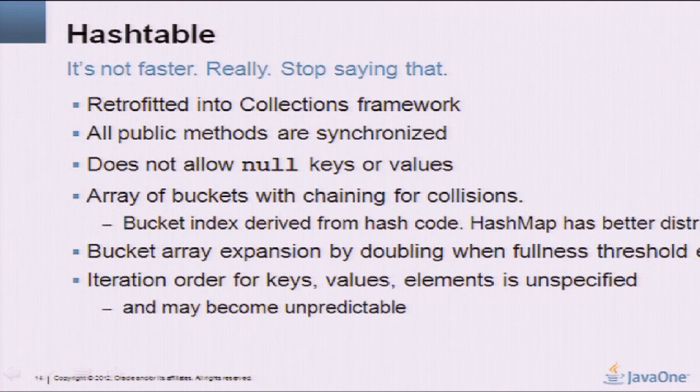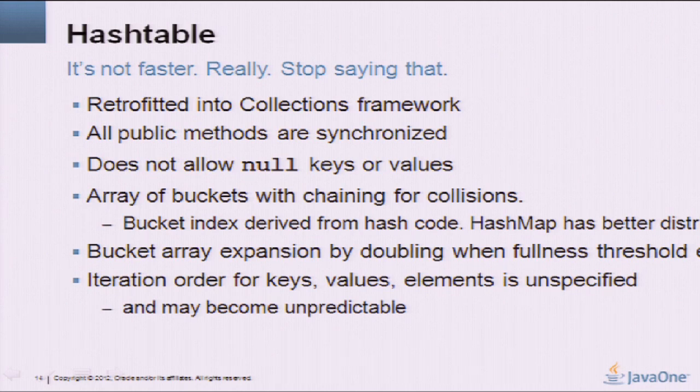So be very suspicious of benchmarks where Hashtable comes out ahead of HashMap. In the general case, HashMap almost always wins. As with any sufficiently complicated data structure, there are always corner cases where some alternative will win, but in general, there's no particularly good reason to be using Hashtable anymore.